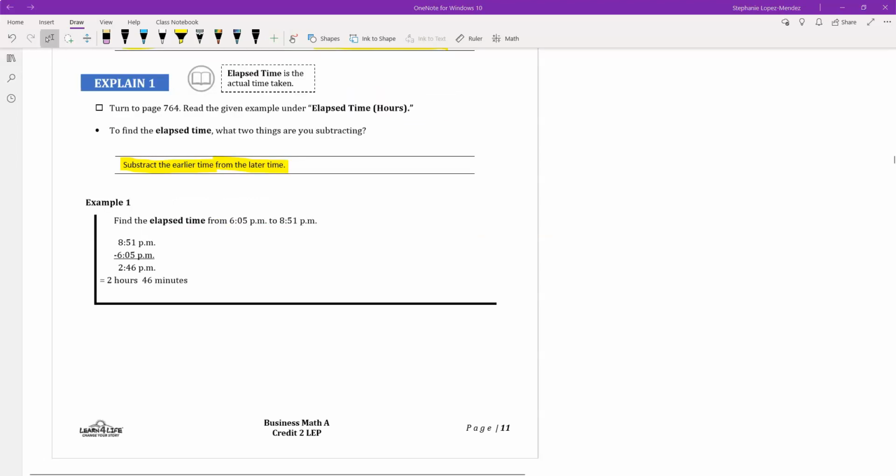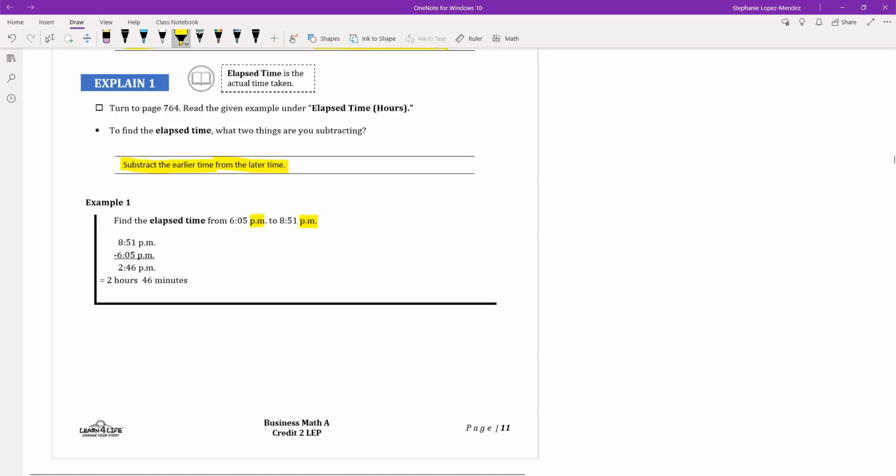So let's explain example number 1. We need to find the elapsed time from 6:05 p.m. to 8:51 p.m. Now one thing we need to always check is that the times are both p.m. or both a.m. So in this case they're both p.m. times.